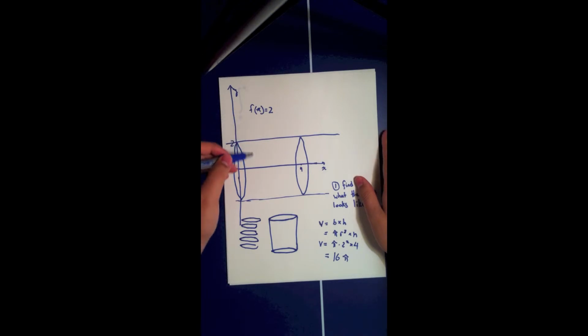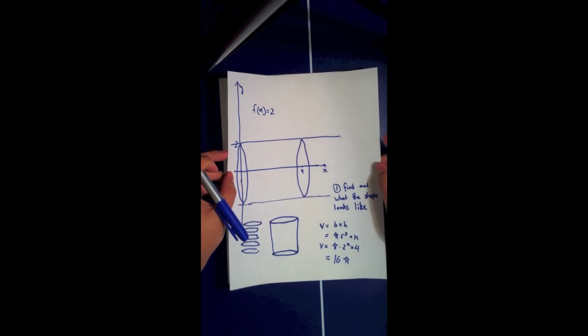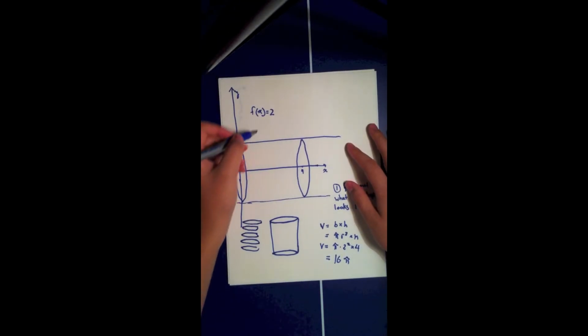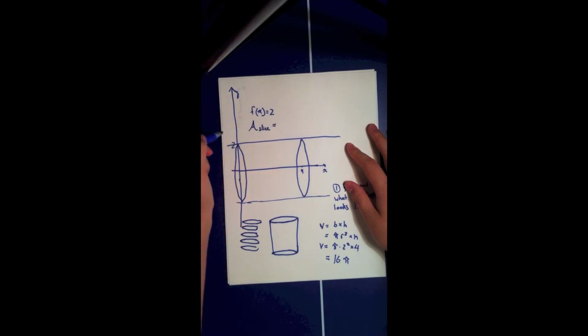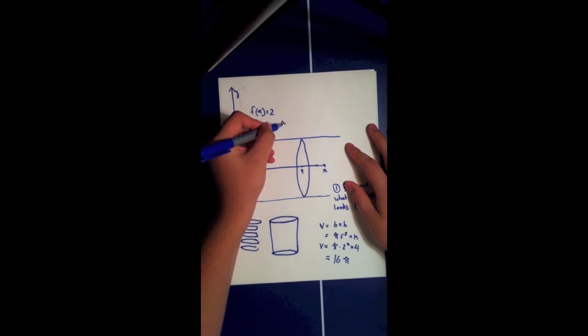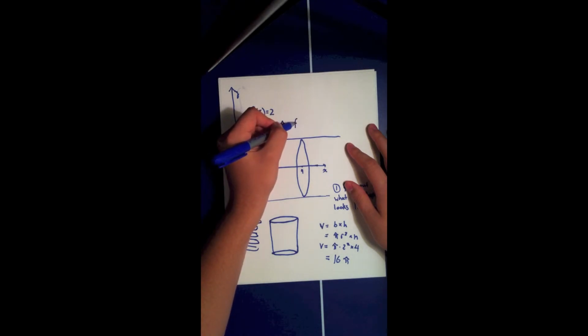Like I said earlier, f of 3 is 2, f of 1 is 2, f of 2 is 2. So as an equation for the area of each of these slices, the area of the slice is equivalent to pi times f of x squared.